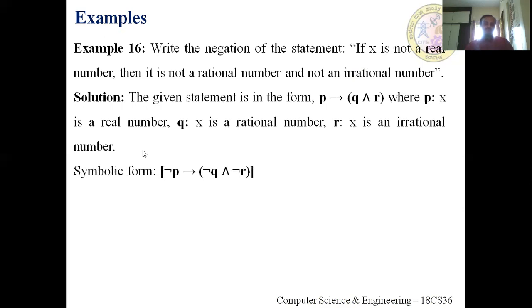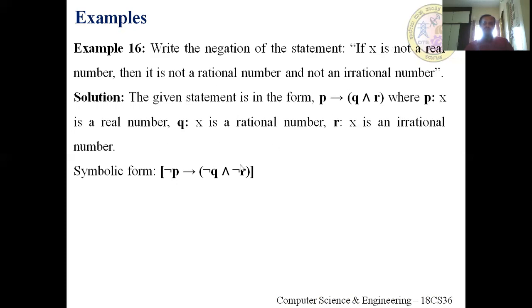If you observe carefully, if you convert this sentential problem into symbolic form, it suggests like this: if X is not a real number, then it is not a rational number and not an irrational number. P is X is a real number, Q is X is a rational number, R is X is an irrational number.